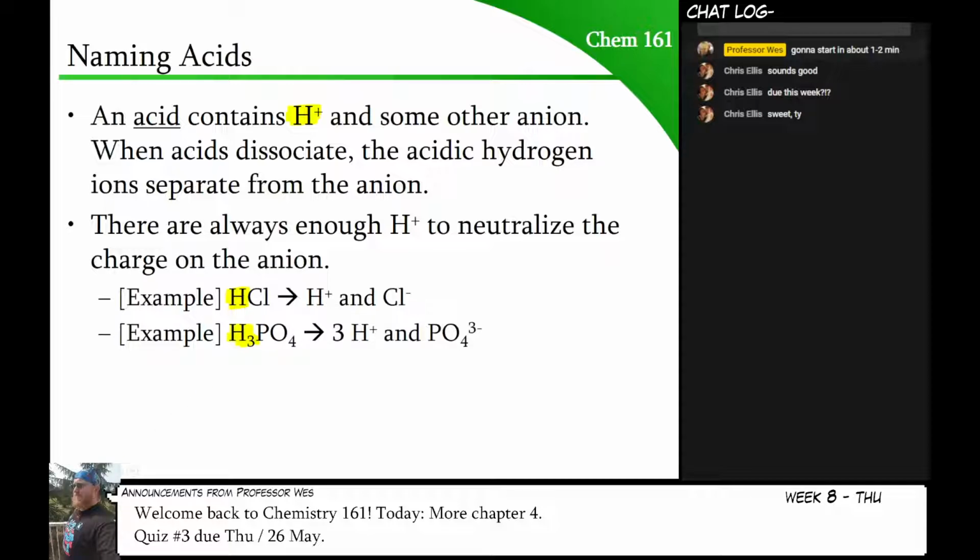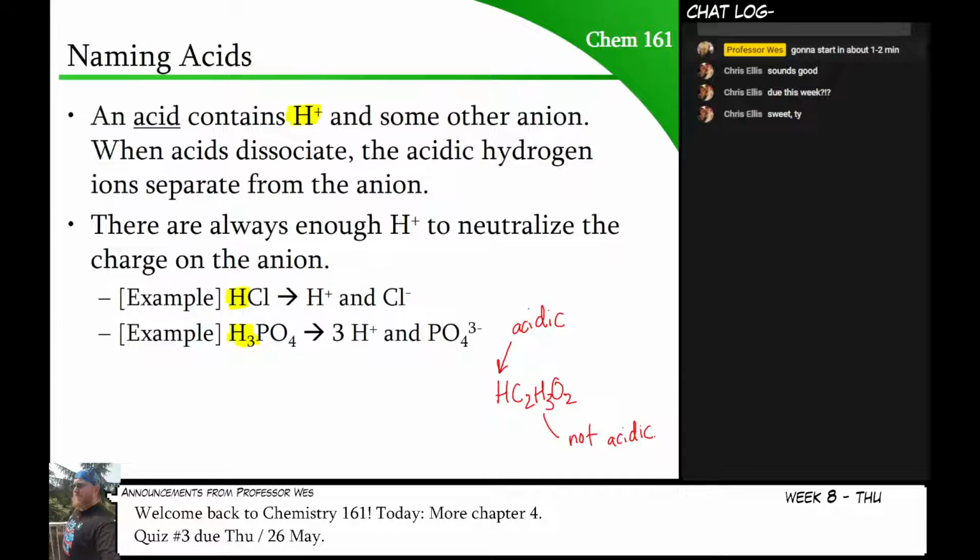In the case that there is both acidic hydrogens and not acidic hydrogens, we write things like this. So, for example, for acetic acid or vinegar, this H is the acidic H. But these H's that are written elsewhere are not acidic.